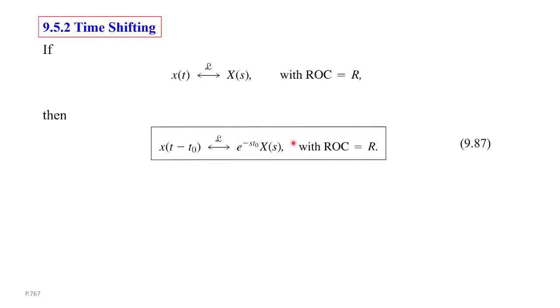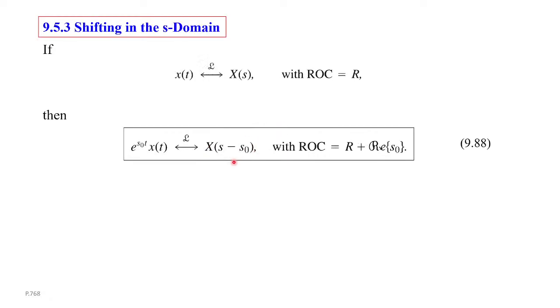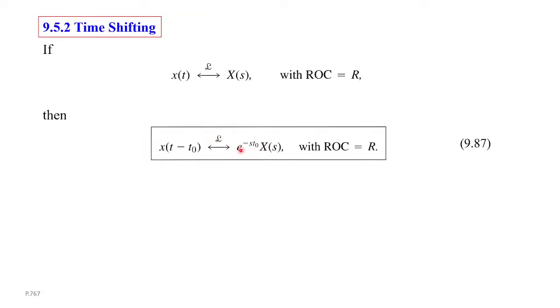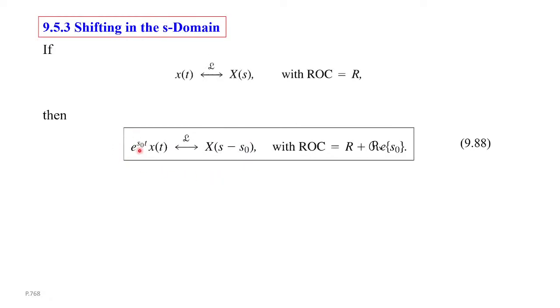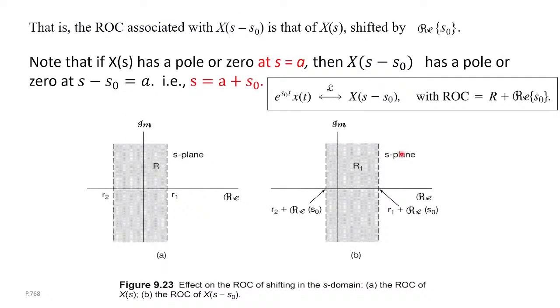Remember in the Fourier transform, you get j omega t and minus j omega, and here you get s t, where j omega becomes s. And the more interesting thing here is that now your ROC will get shifted when you shift in the S domain.